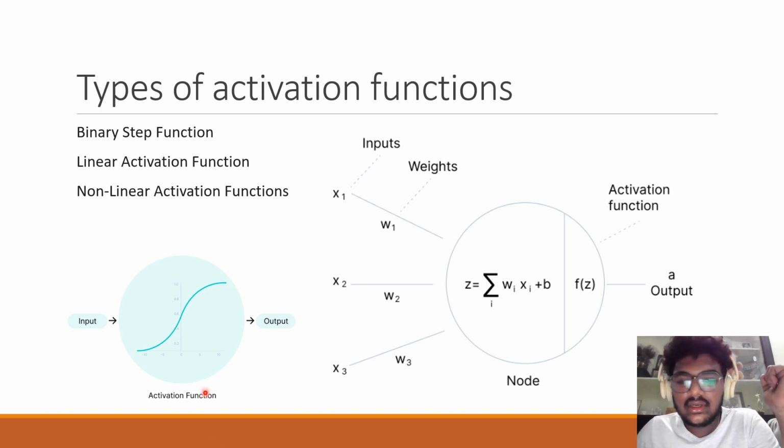Just to remember, every perceptron has this weighted sum. It takes the inputs, multiplies them with the weights, adds them to a net sum, and then adds a bias, and this whole net sum is then used by an activation function with which the output gets triggered.